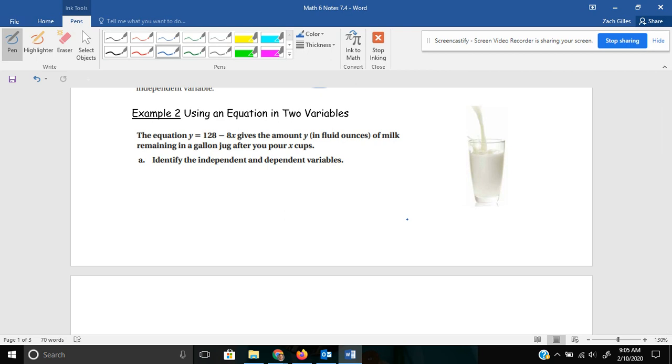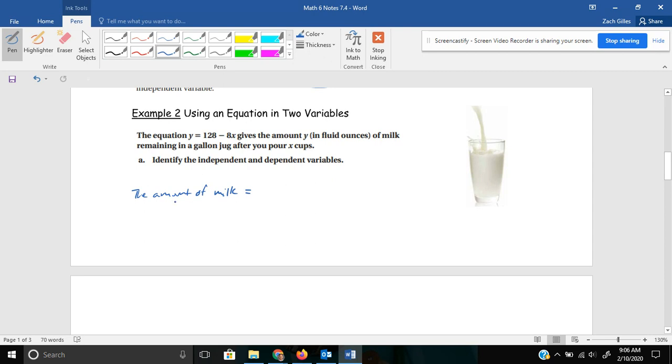So it says the equation y equals 128 minus 8x gives you the amount y in fluid ounces of milk. So y represents the amount of milk remaining in a gallon jug after you pour x cups.